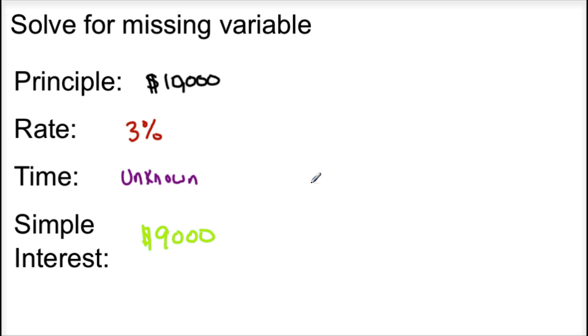One more. Solving for time. Principal is 10,000. The rate is unknown. I'm sorry, the rate is 3%. The time is unknown, and the simple interest is 9,000. So I equals PRT. Solving for time, T equals I over PR.